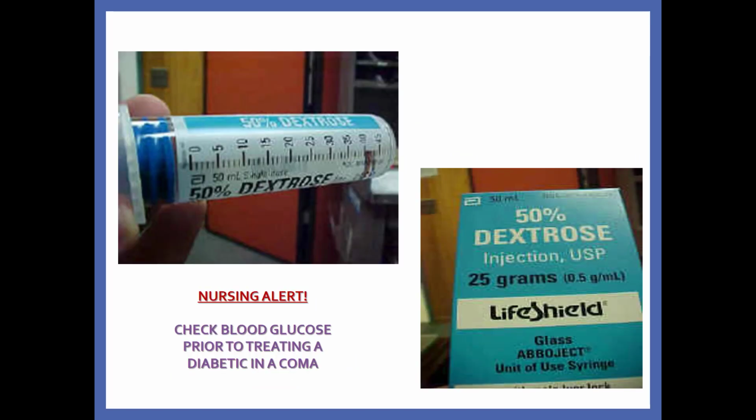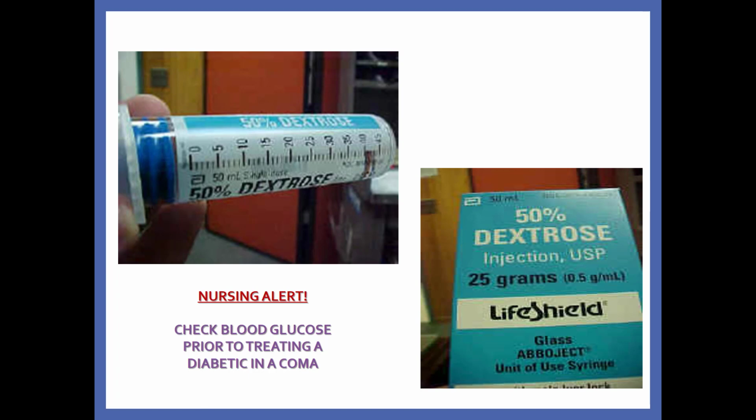Here's a couple of pictures of what D50 looks like. So this is considered a full amp of D50. One amp is 50 milliliters of dextrose 50%. A lot of orders will state on the MAR to start with half an amp, so 25 milliliters of D50, then recheck a blood sugar in about 15 minutes and see if it's above 70.